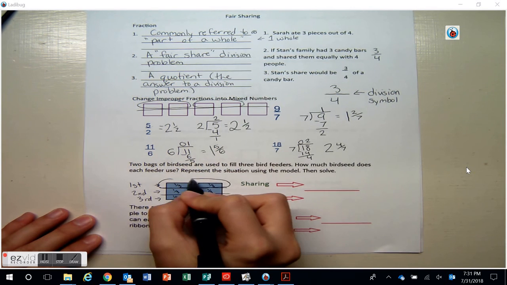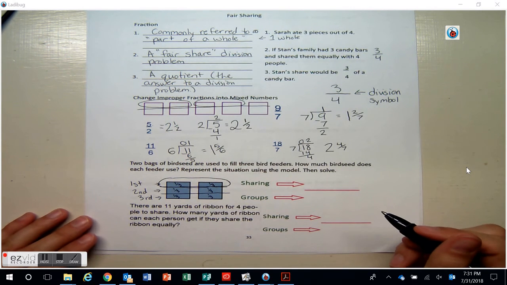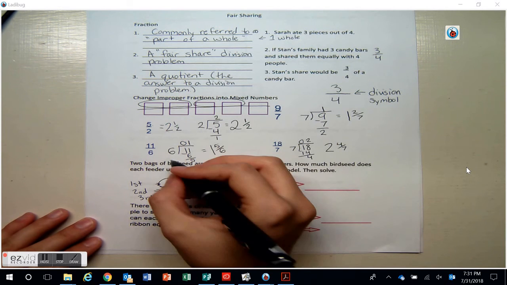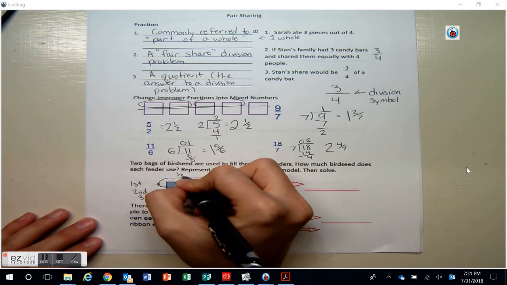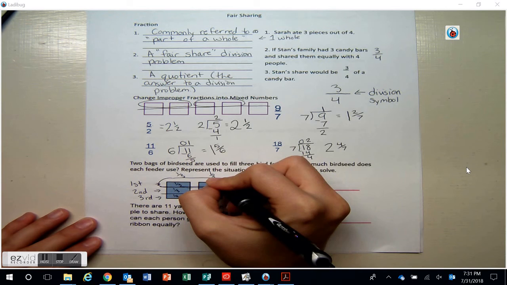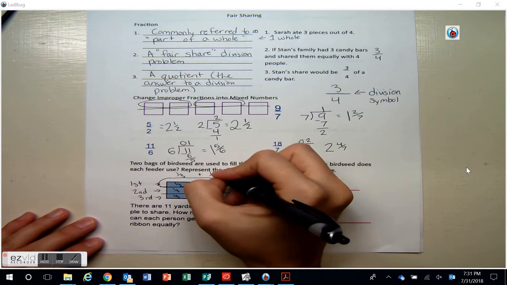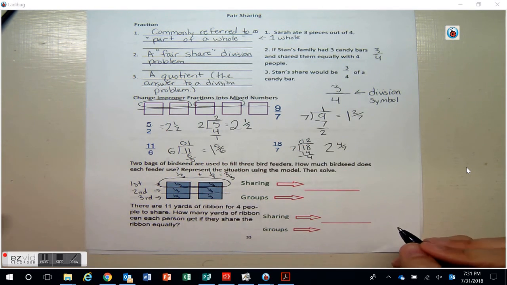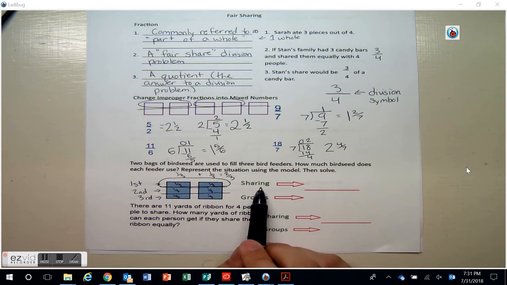Continuing on, this problem means 11 divided by 6. I cannot divide the 1 by 6, so I'm going to move on to 11. 11 divided by 6 is 1, and I'm left with 5. I was able to make one whole group, and I'm still trying to divide 5 by 6. 18 sevenths is the same as 18 divided by 7.